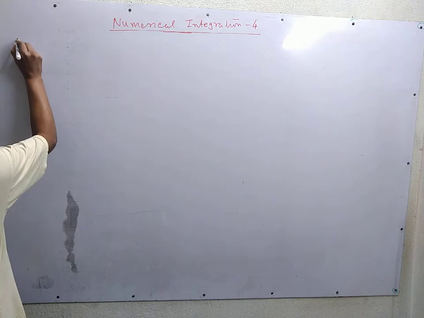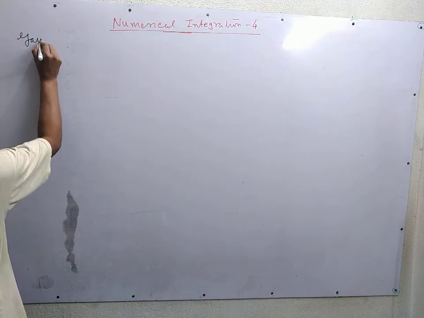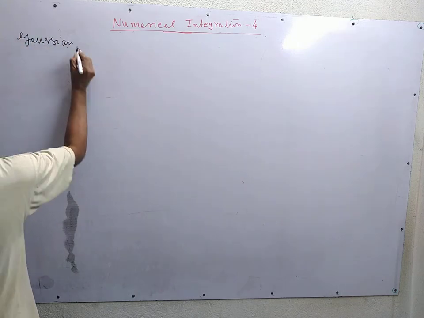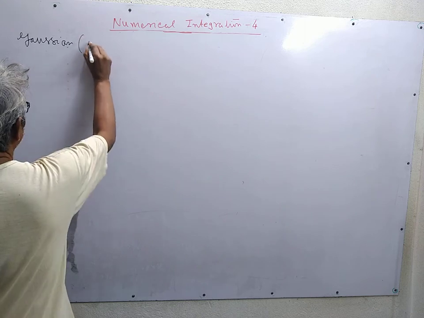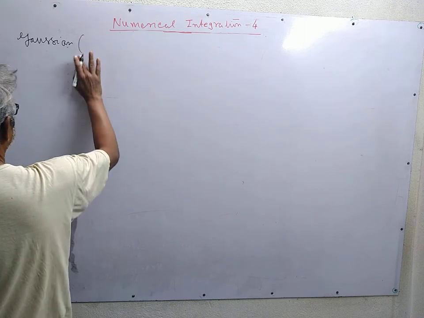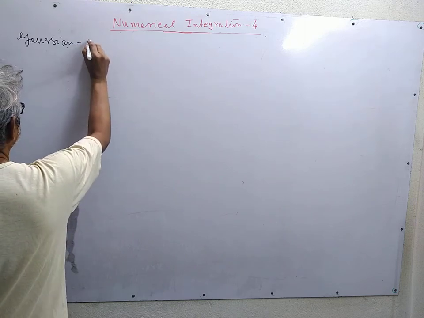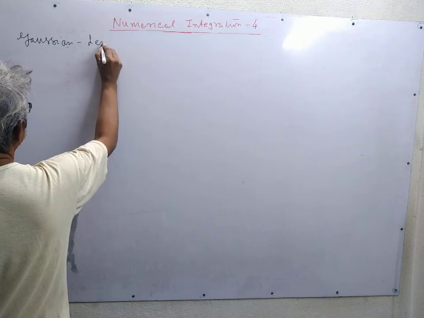In this fourth lecture on numerical integration, today we shall discuss Gaussian quadrature, numerical integration by the Gaussian quadrature formula. It is the Gauss-Legendre quadrature formula that we shall be discussing.